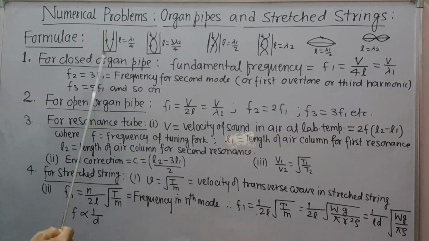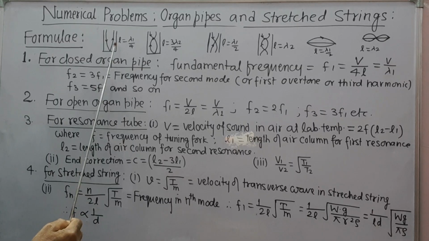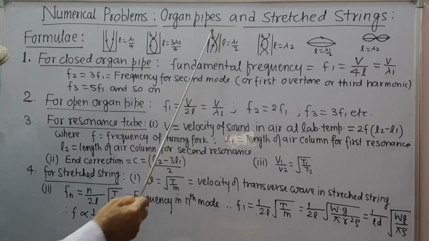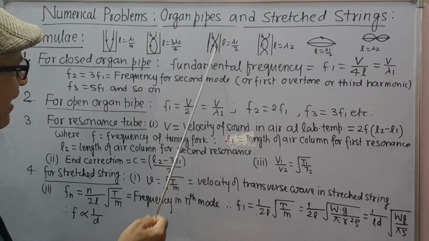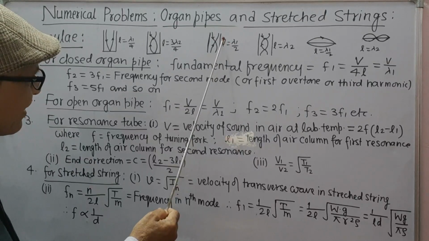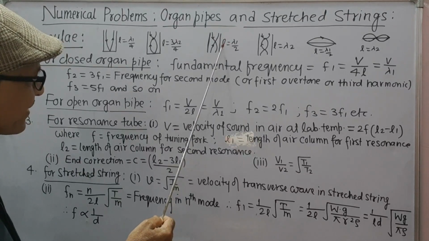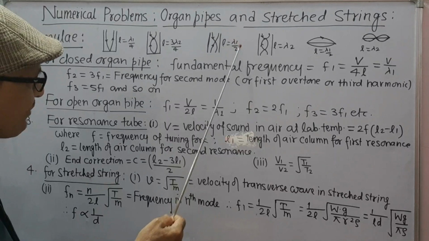Therefore, the fundamental wavelength corresponds to 4 times the length of the tube, that is lambda by 4 is equal to L. And in case of an open pipe, both open ends are at antinodes, therefore the fundamental frequency corresponds to half wavelength.